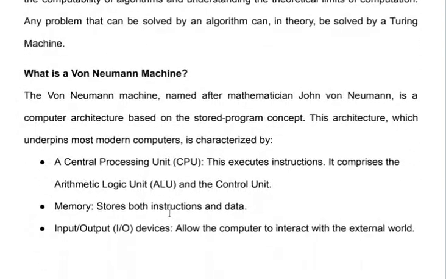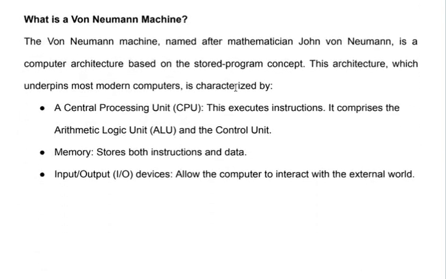What is a von Neumann machine? The von Neumann machine, named after mathematician John von Neumann, is a computer architecture based on the stored program concept. This architecture, which underpins most modern computers, is characterized by a central processing unit. This executes instructions. It comprises the arithmetic logic unit and the control unit.